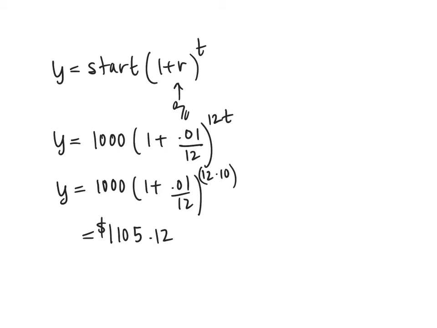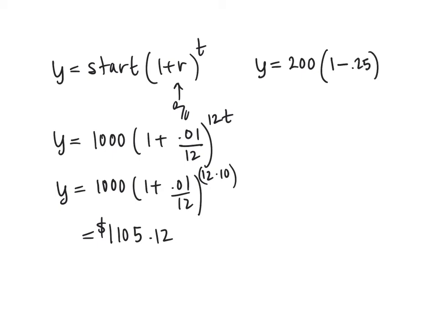Medicine in your body, it decays, but it's the same formula. If you take ibuprofen, if you take a 200 milligram dose, it decays in your body over time, maybe 25% per hour. So 1 plus R is actually 1 minus R, and 25% is 0.25.